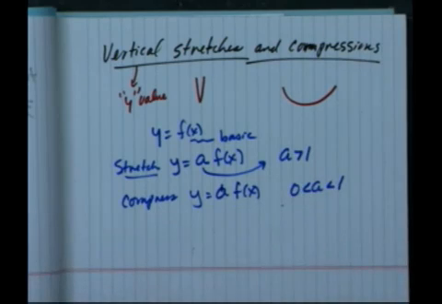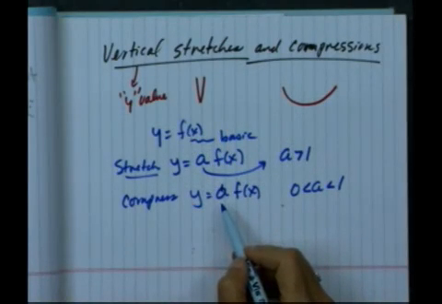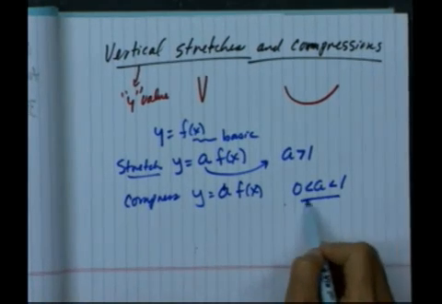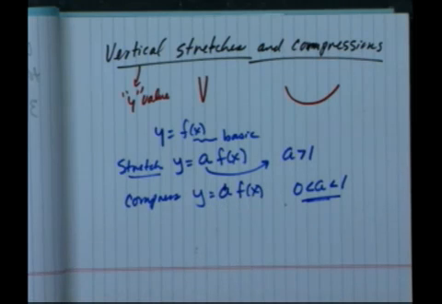You're going to be half the y value, a fourth of the y value, because you normally would come up 1, but now you're only going to come up a fourth of the way. Some people would say, if a is bigger than 1, you could write it as 1 over a. So if you put a fraction between 0 and 1, your y value is not going to go up as far, it's just going to go up a fraction as far. Everybody got it? Okay, so let's have some fun.